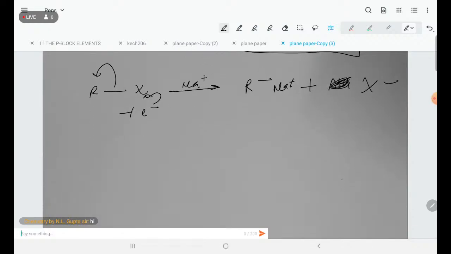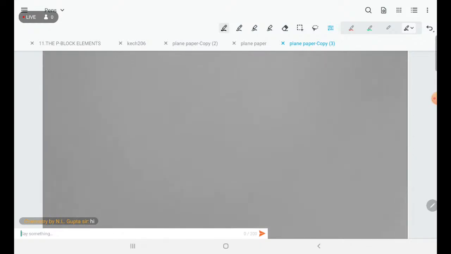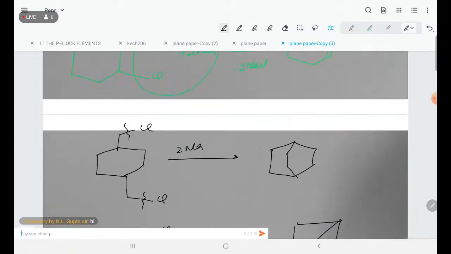Now you see Na plus R minus, Na plus R minus, and then RX we are having. So what will happen? This is going to be out, so that is R dash R plus NaX. This is the higher alkane. So we need to keep in mind the mechanism, friends. So this is all about the Wurtz reaction.